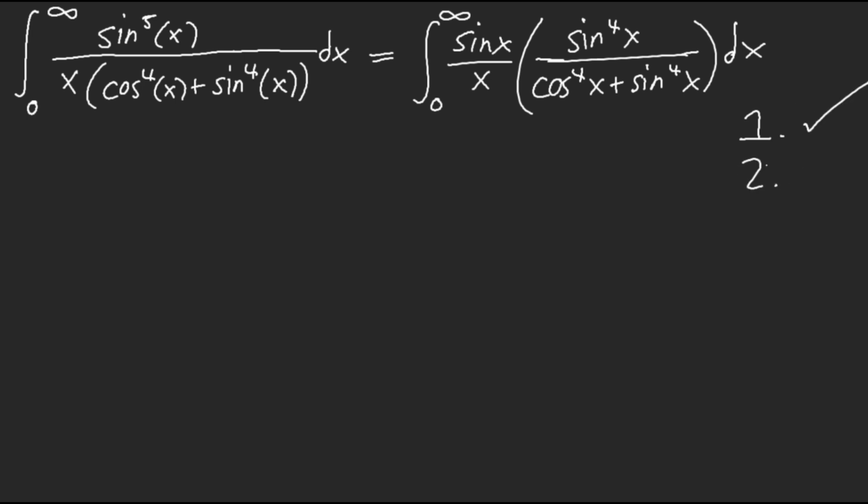Number 2, is it periodic? Well, yes. We know sine will not change, and cosine will not change because it's in an even exponent. Then this is an even function. Clearly, yes, this is an even function. So, very quickly, we could just say, yes, this satisfies the Lobachevsky trick.